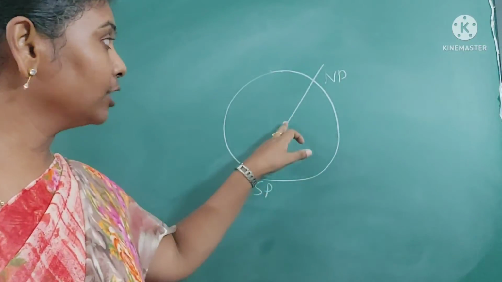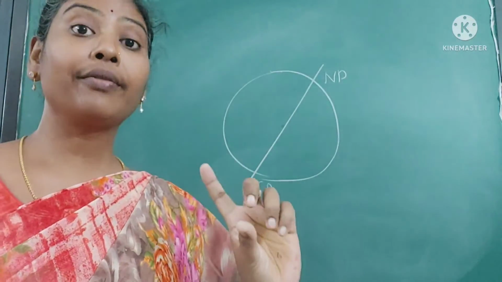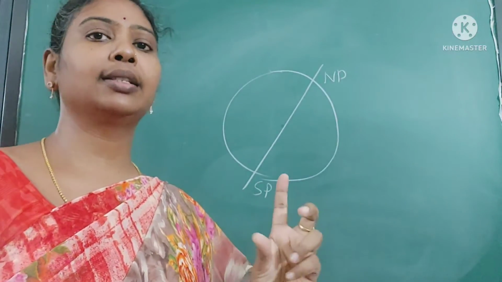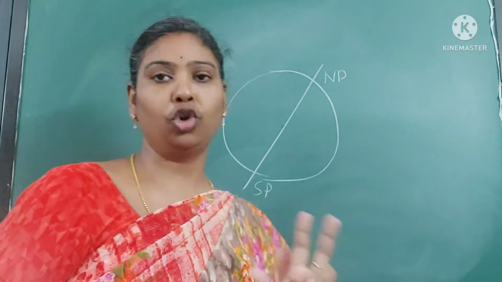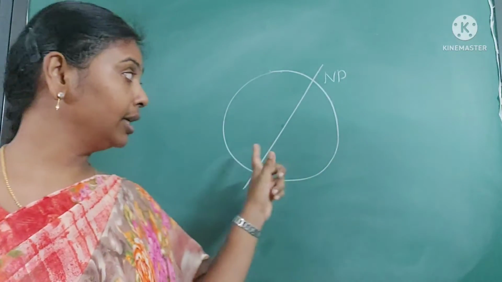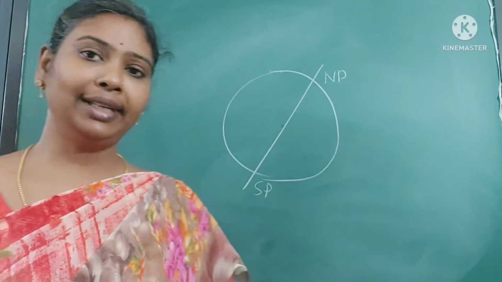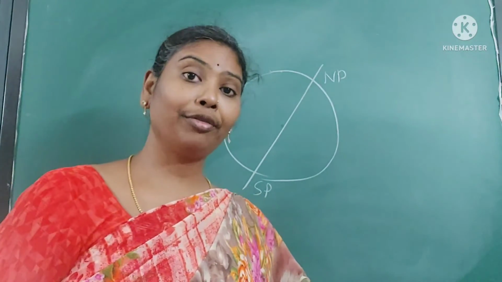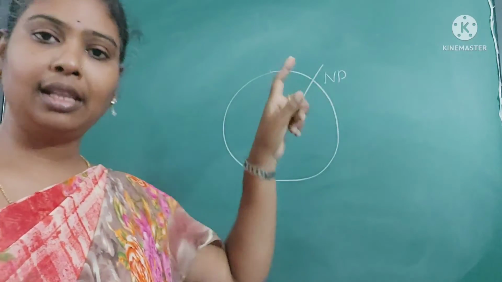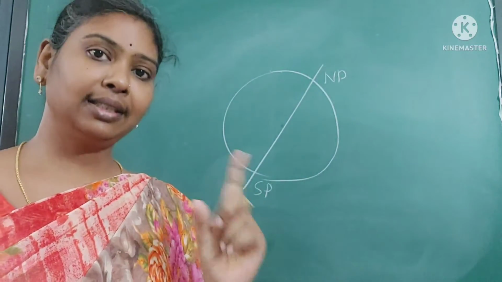The Earth rotates on its own axis from west to east. Normally, we feel that the Earth is moving from east to west. No, the Earth is rotating from west to east on its own axis. And we have seen that the speed of rotation differs from place to place. At poles, the speed of rotation is 0.